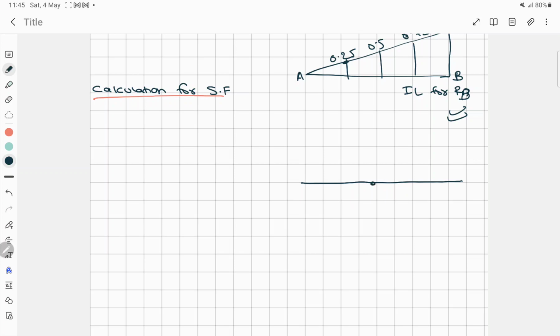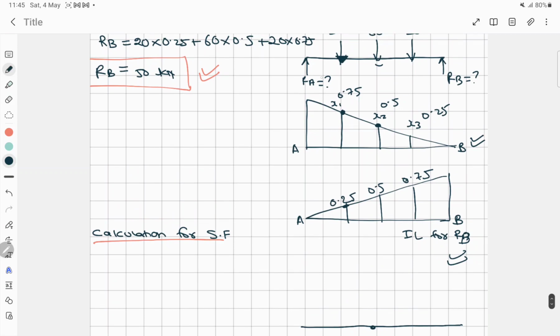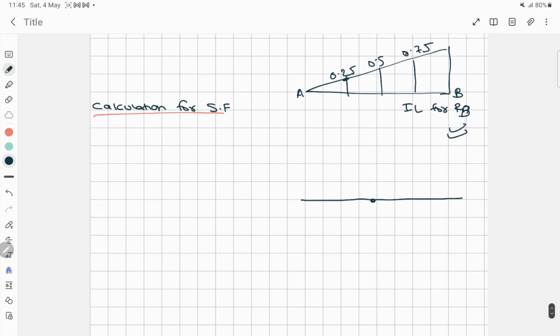So we have to find the shear force and bending moment for this point, that is 4 meters. Now the shear force diagram was like this in case of the simply supported beam. This one I have already explained in my previous video, so you can go and check it out.